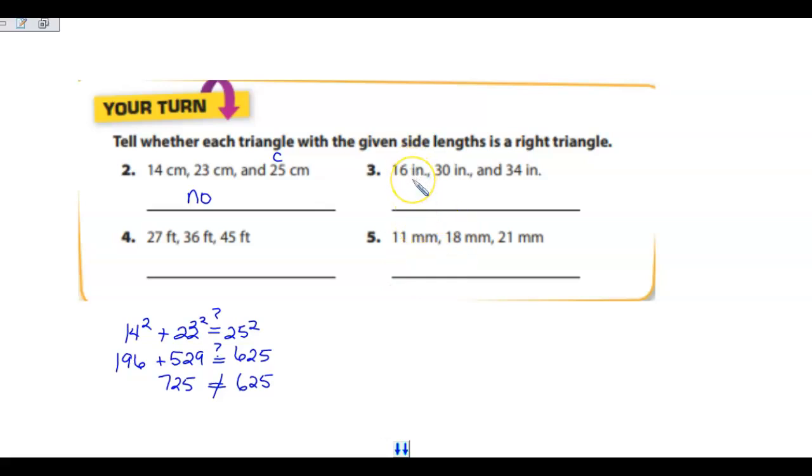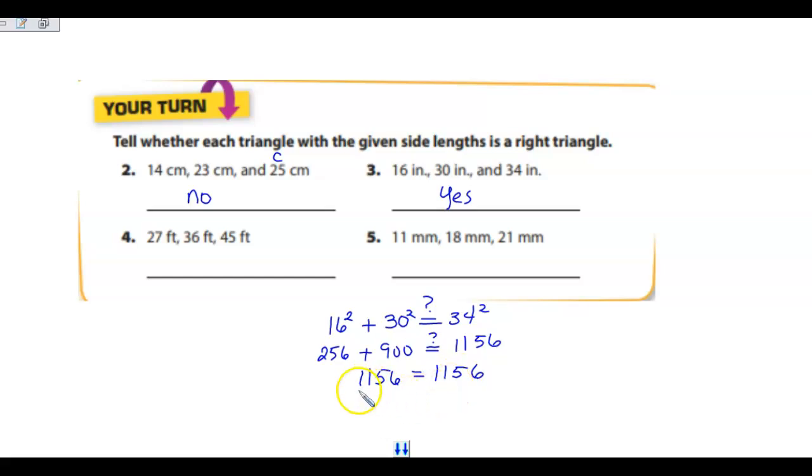I want you to do number 3 and determine, is this creating a right triangle? If you found that 1,156 is equal to 1,156, then yes, this is a right triangle. Okay, now try number 4. We have a triangle with the length of 27, 36, and 45 feet. Determine if it is a right triangle.